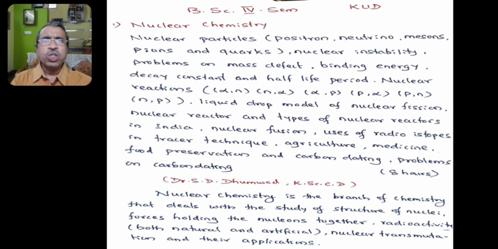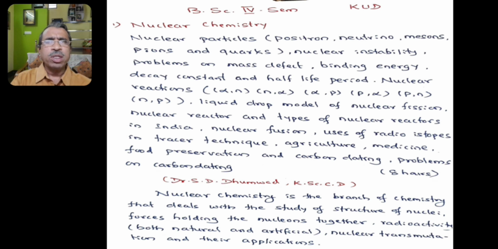In the fourth semester, you have a new branch of chemistry called nuclear chemistry, which deals with the following points: the nuclear particles, and in that you are going to study about the positron, neutrino, mesons, pions and quarks, nuclear instability, problems on mass defect, binding energy, decay constant and half-life period.